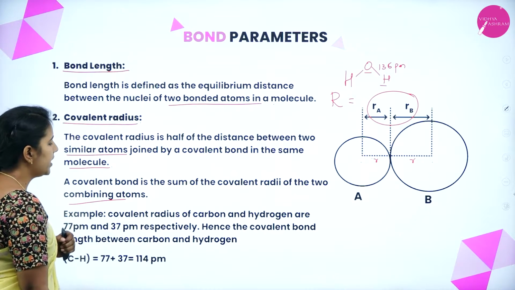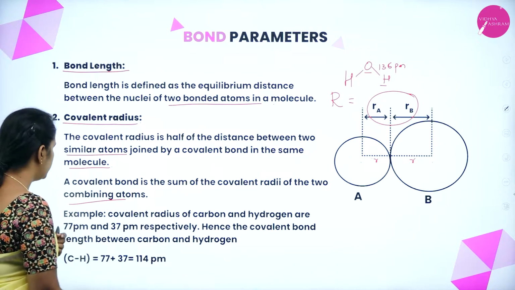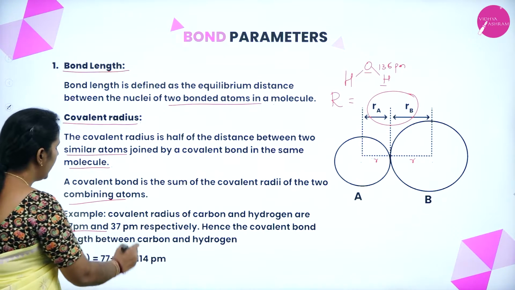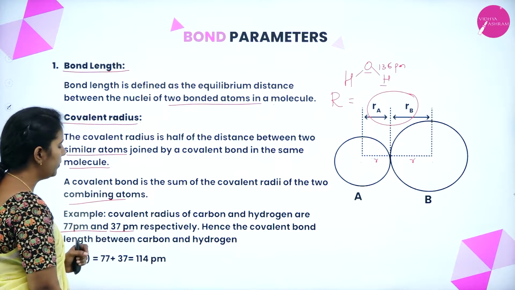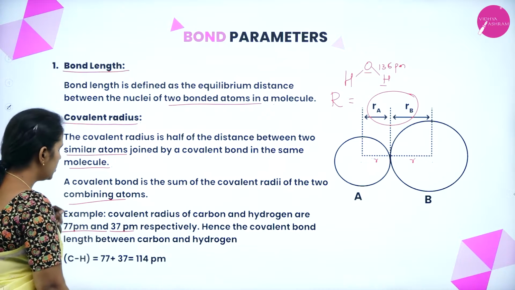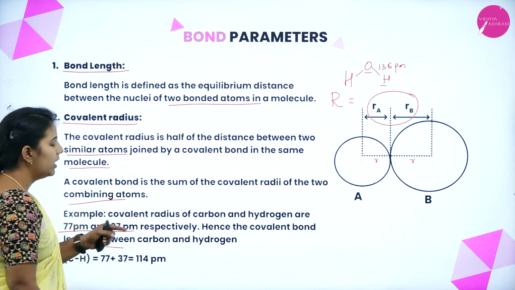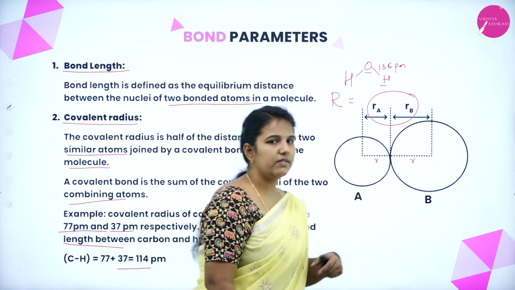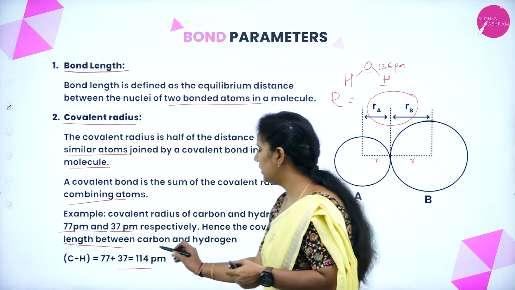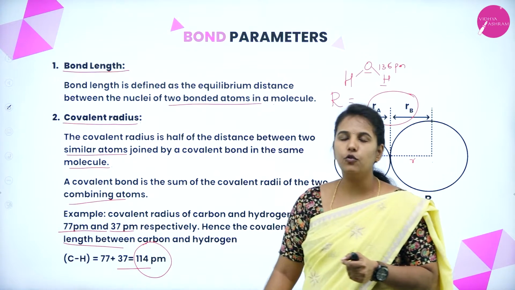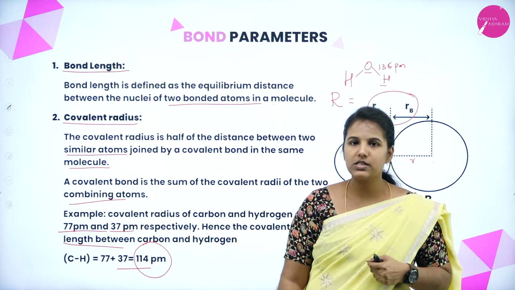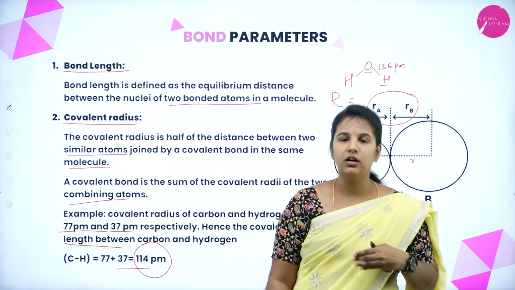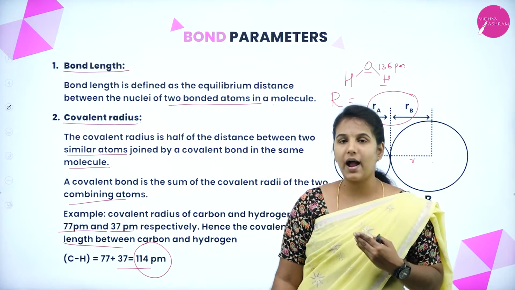The covalent radii of the carbon atom and hydrogen atom are 77 pm and 37 picometer respectively, and hence the covalent bond length between the carbon and hydrogen atom is obtained by adding 77 plus 37, which gives rise to what? 114 picometer. This shows that we can easily calculate the covalent bond length by adding what?